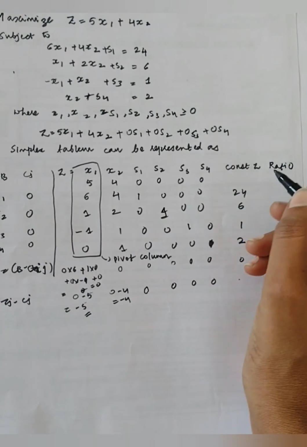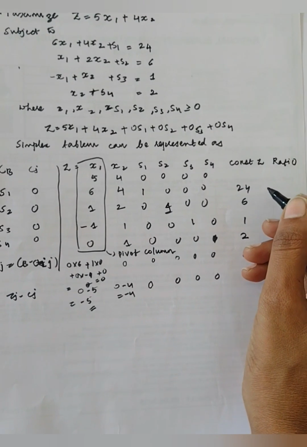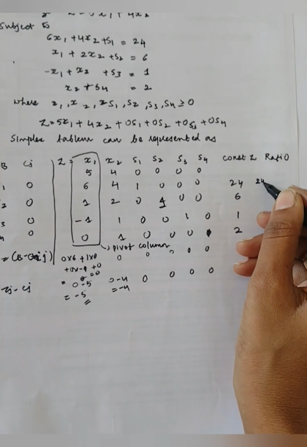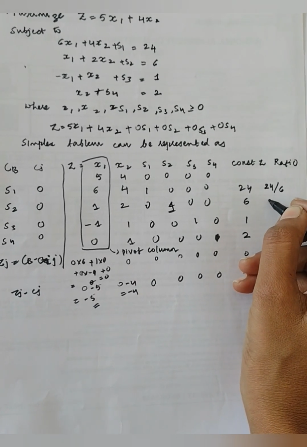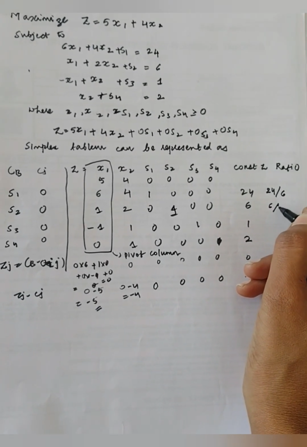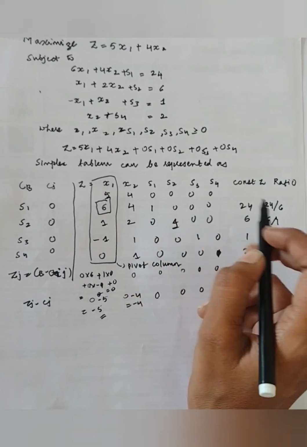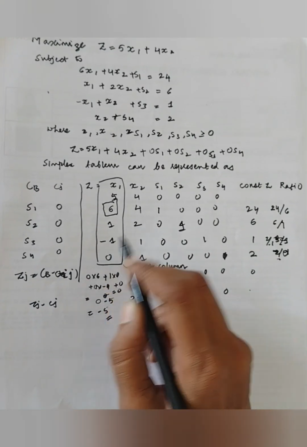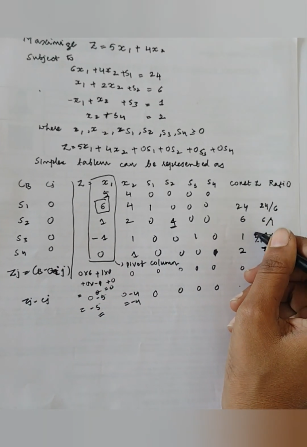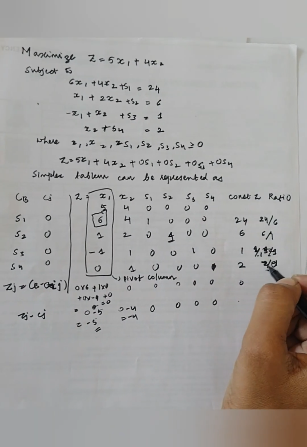Now the ratio has to be found with respect to the pivot column: 24 by 6, 6 by 1, 1 by minus 1, 2 by 0.